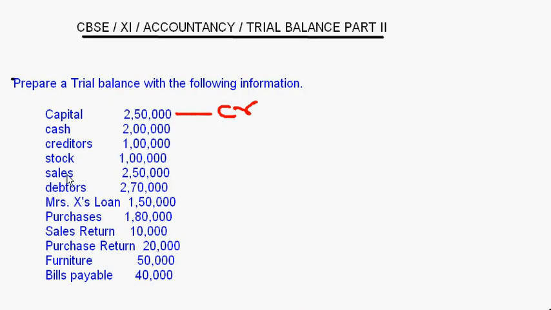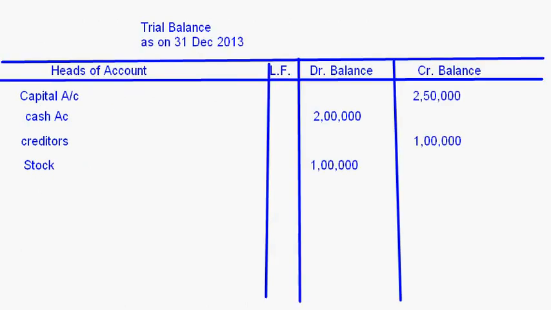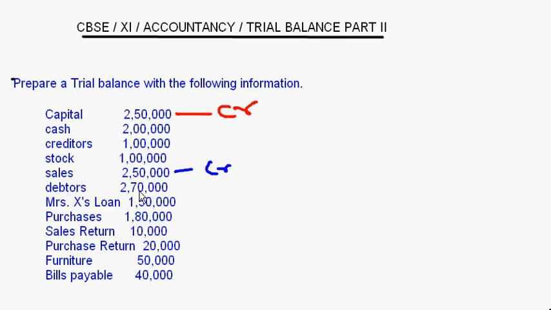After that sales always has a credit balance, right? So sales has got a credit balance. This is 2,50,000 here. So here we'll write sales. This is 2,50,000, fine. Then comes debtors.